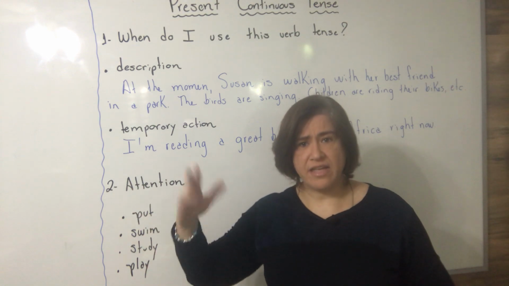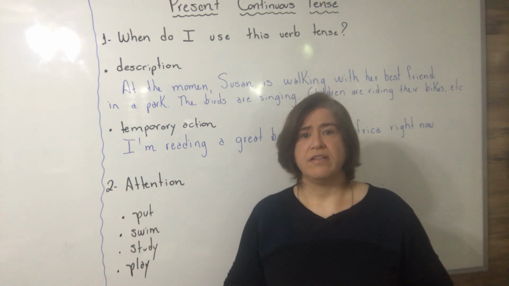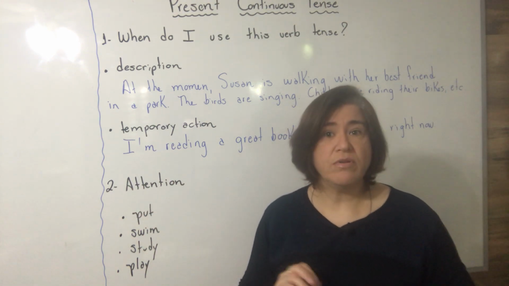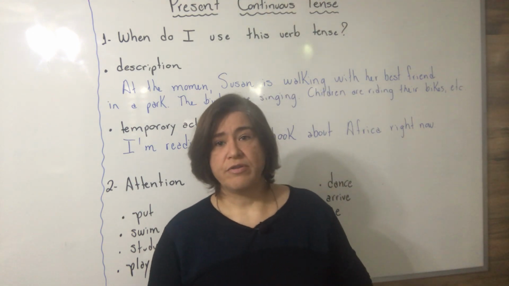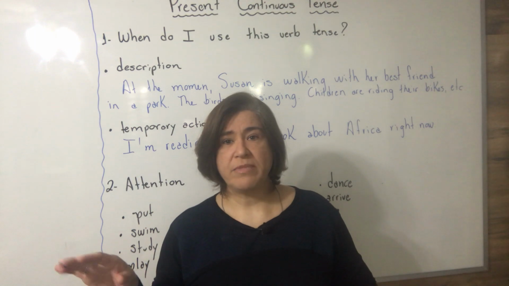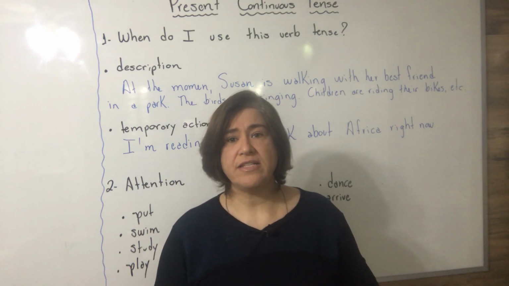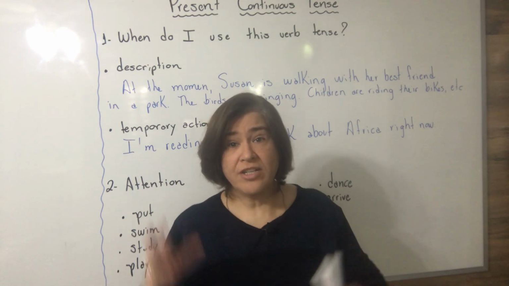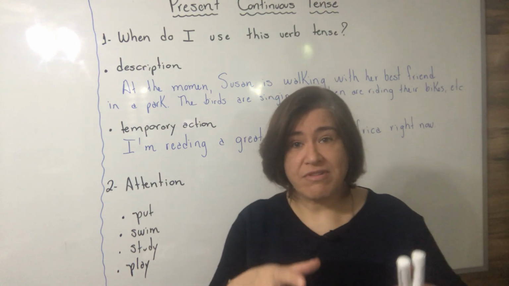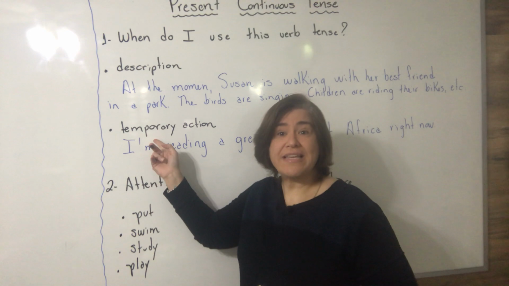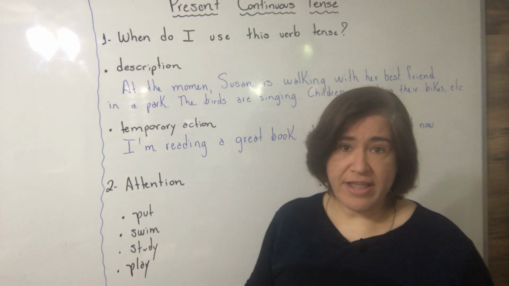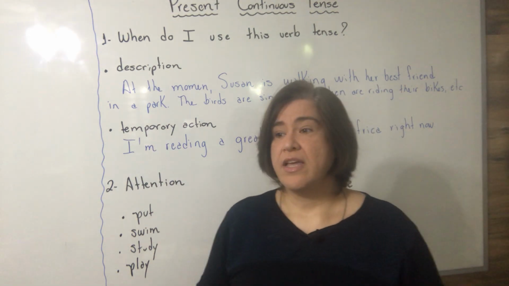It's a routine every single day. So no, the person says, "I'm reading a book," okay? Or for example, you can say, "Oh, I am listening to a great album." Not necessarily you are listening right now in front of the person, but you are speaking about temporary actions, okay?